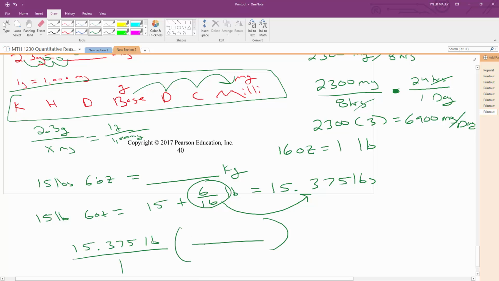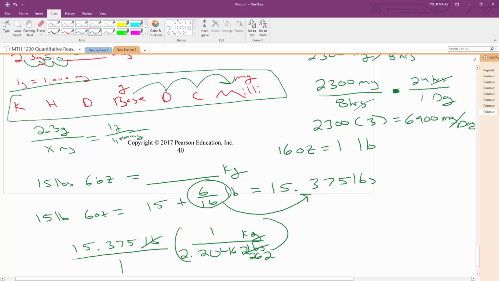I can multiply this by a unit fraction. I'm going to put pounds on the bottom and kilograms on the top, so that the pounds cancel out and I'm left with kilograms. The fact that we know is 1 kilogram is 2.20462262 pounds.